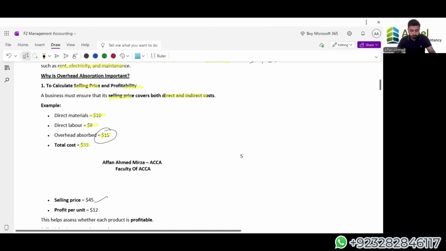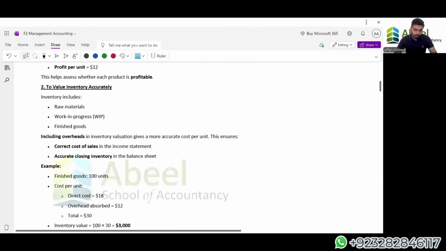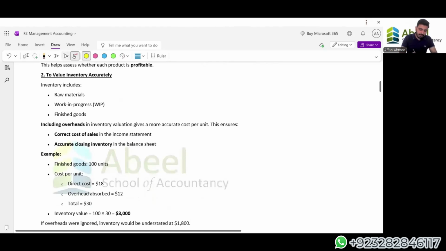Okay. Now, to value inventory accurately: inventory includes raw material, work in progress, and finished goods. Including overheads in inventory valuation gives a more accurate cost per unit. This ensures correct cost of sales and accurate closing inventory, and it also aligns with IAS 2. What is IAS 2? IAS 2 is basically your financial reporting standard that focuses on inventory.